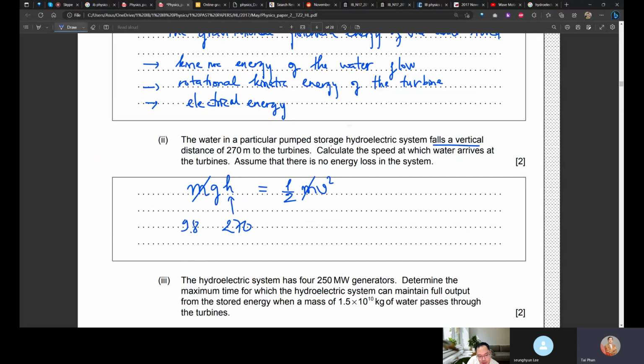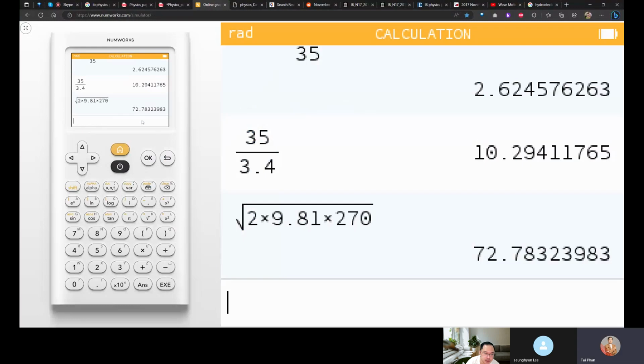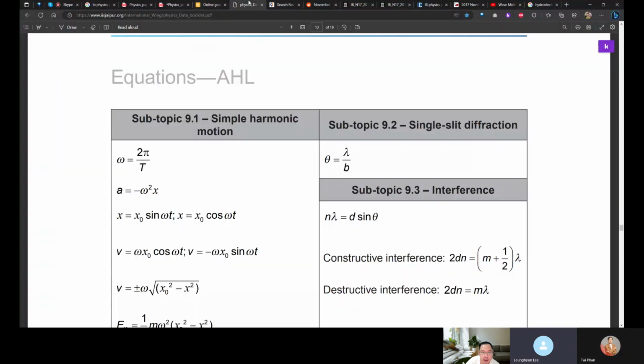g is 9.81, times h equals 1/2 of the speed v squared, and then we can calculate v. 2 times this thing, square root of 2 times 9.81 times the distance, is 73.